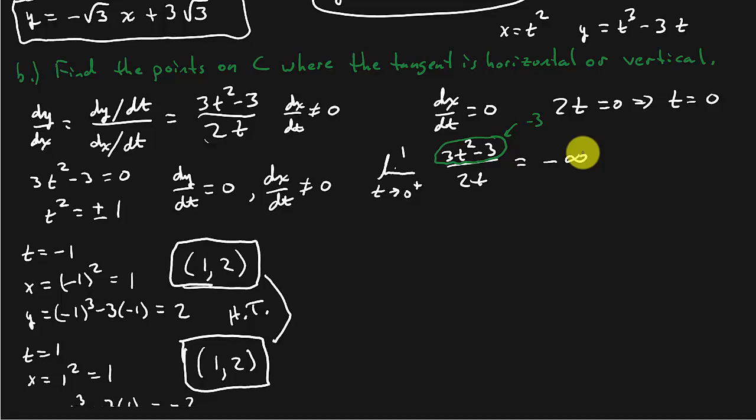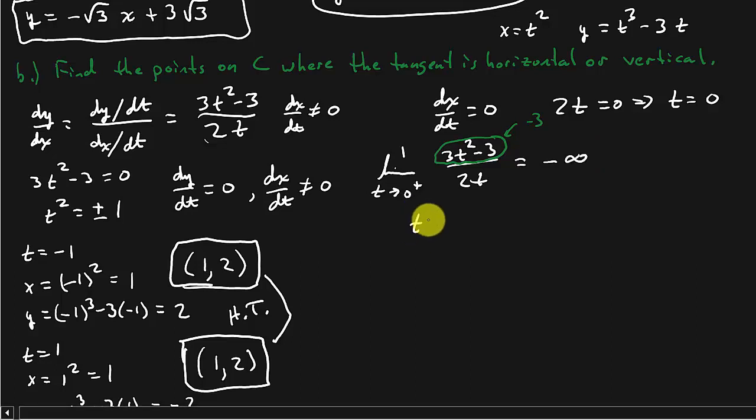So I have a vertical tangent at t equals 0. So for t equals 0, I get x is equal to 0 squared. I'm just taking the t and plugging it into here, and then I'm going to plug it into here to get my y, just like I did over here when t equals -1 and 1. I took the -1 and the 1, I plugged it in for t in x and y, and that gave me the 2 points.